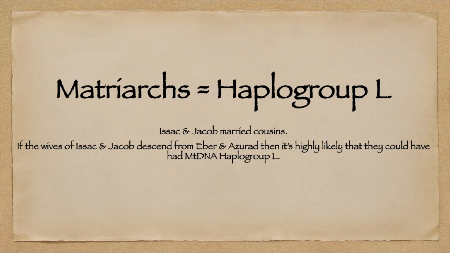Very interesting. So Isaac and Jacob married their cousins. That's one thing that's very interesting, that they actually did marry relatives. So if the wives of Isaac and Jacob descend from Eber and Azurad, then it's highly likely that they could have had mitochondrial L2.